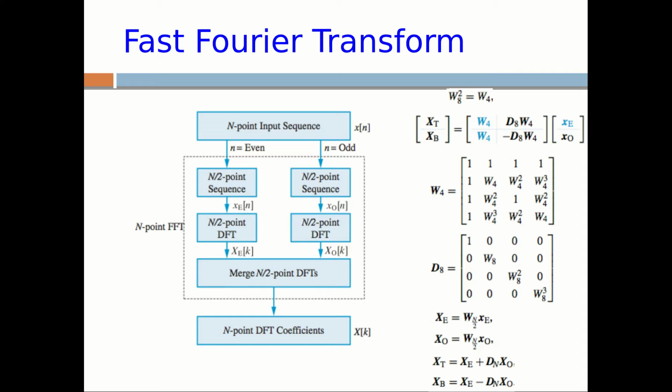So say if we start with 8 points, then we would split them to 4 each, then take a 4-point sequence and further split it to 2 points each, and then take a 2-point sequence and divide it to 1 point and 1 point.